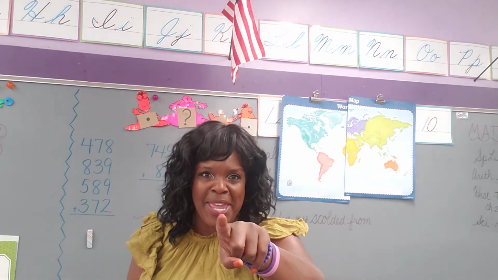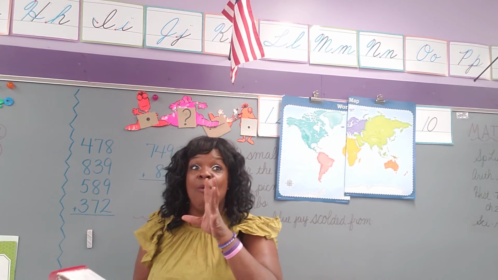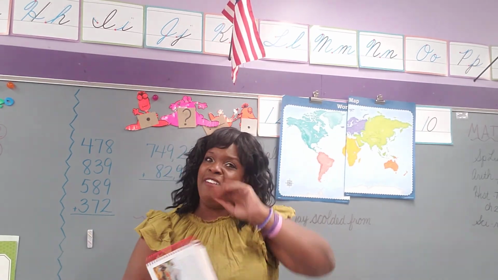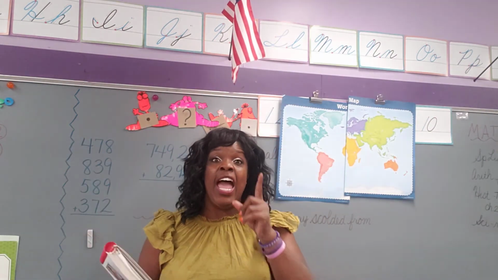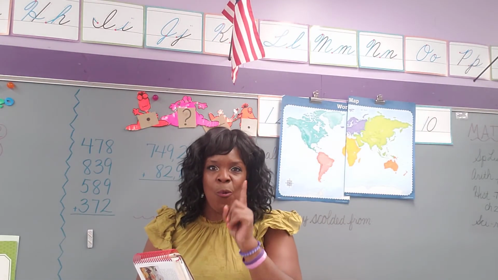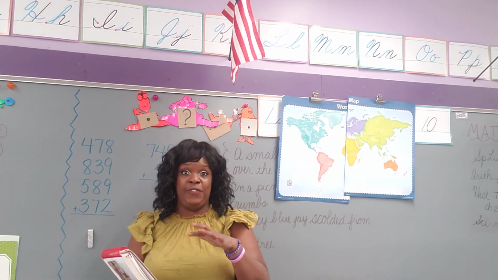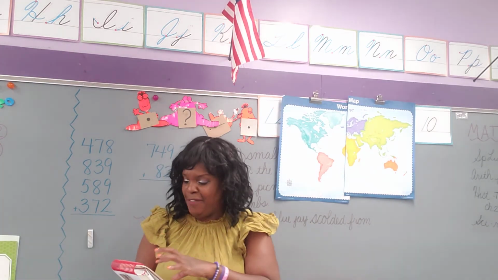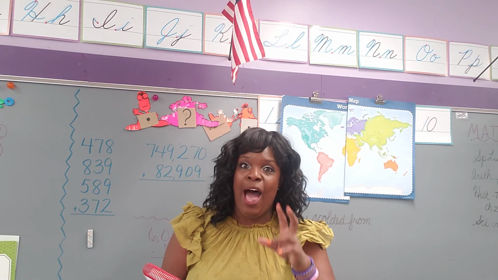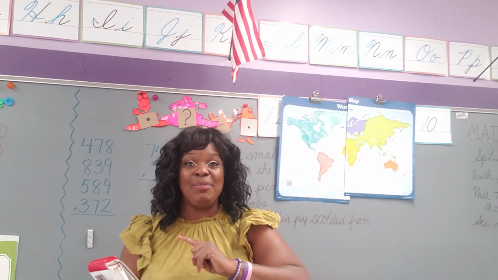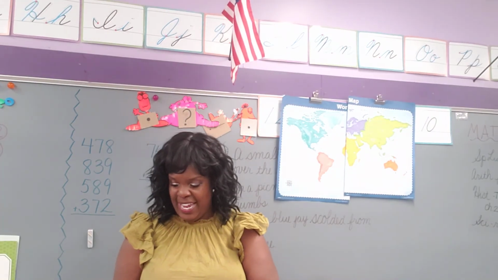Chief Massasoit came with how many? Yes, good job. With 90 warriors. He came with 90 warriors to celebrate the first feast of Thanksgiving with the Pilgrims. How long did it last? Yes, good. Three days. It lasted for three days. Good.